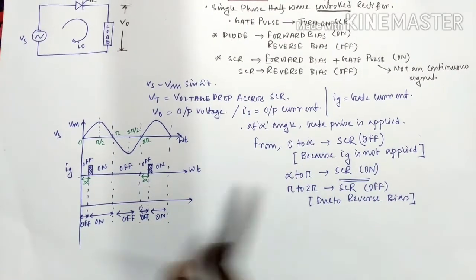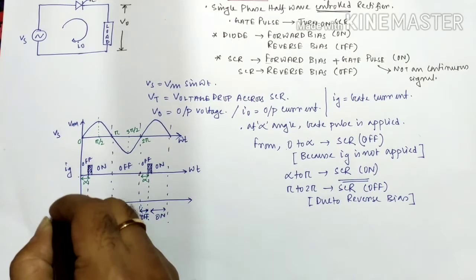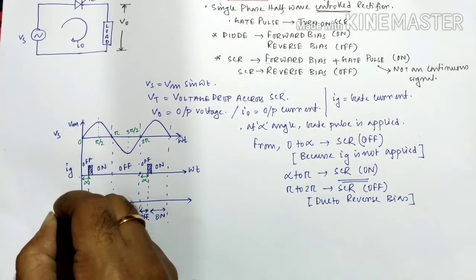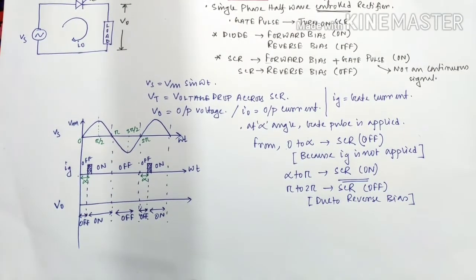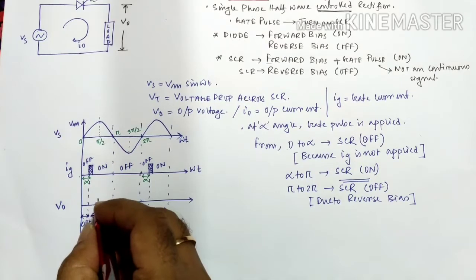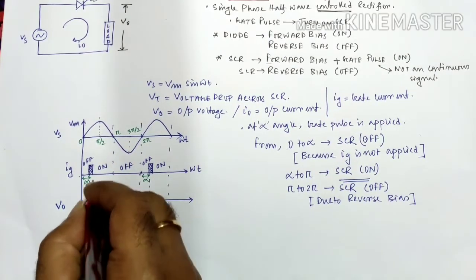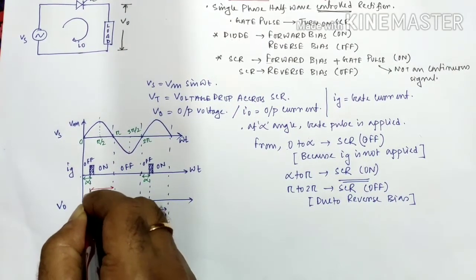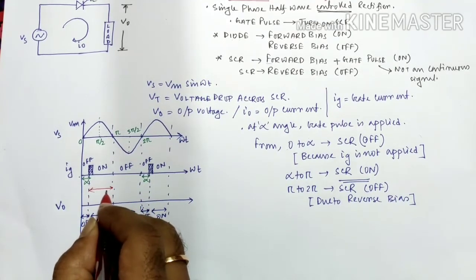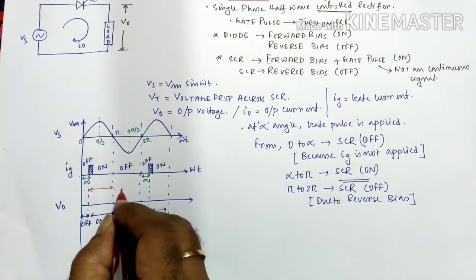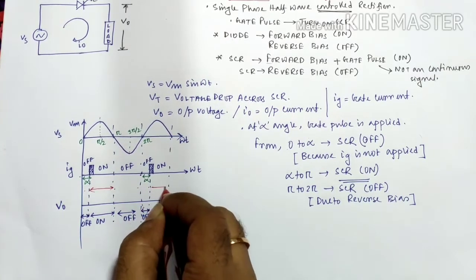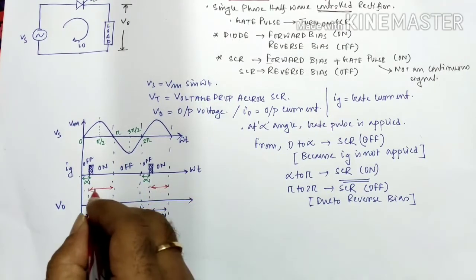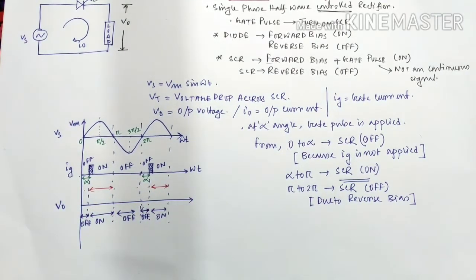So if I want to draw the waveform of the output voltage V0, then from this discussion we can directly draw. The output voltage will be available in this region, because only in this region SCR is on. Before that it is off, after that it is off, it continues up to alpha angle, and here SCR is on. These two red lines represent the on state of the SCR.